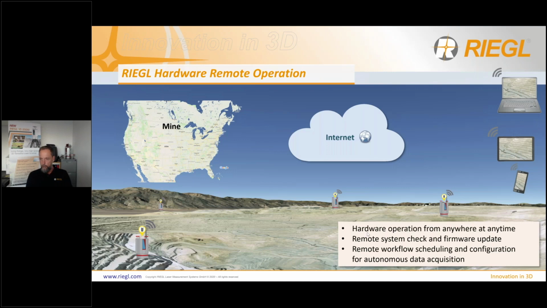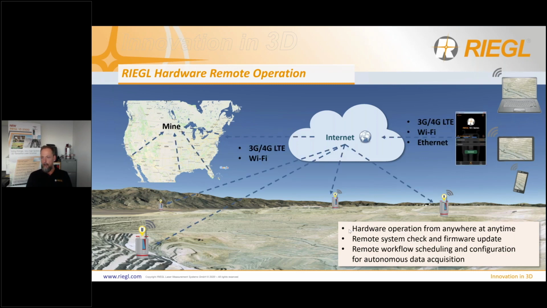The first question was if you are interested in remote control. Yes, and you see remote control is possible from anywhere at any time via the internet. So we have our RIEGL BZI series app. If we have LTE, Wi-Fi or Ethernet connection via the internet, we can control the scanner anywhere worldwide. So for example, normally the mine is anywhere in the center of USA.